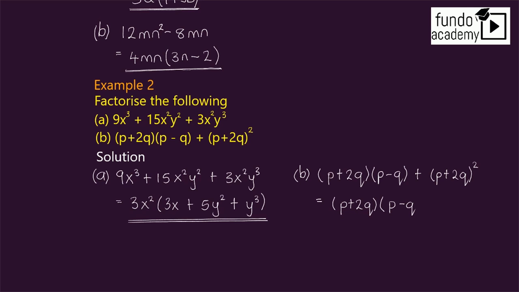We get p plus 2q to the power 1, which is p plus 2q. And next we simplify what's in the second bracket, so we get p plus p, we get 2p, and minus q plus 2q, what we get is plus q. And that is the solution to part B.